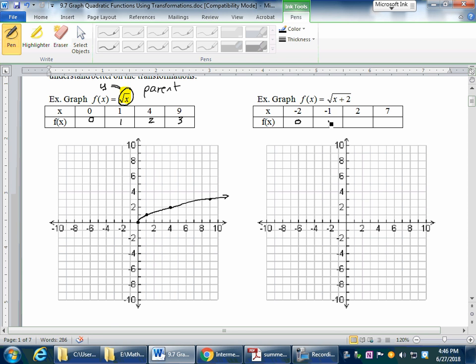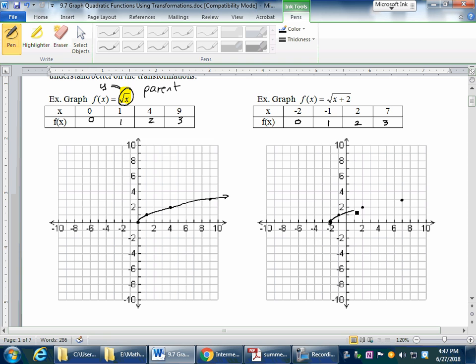2 plus 2 is 4, square root of 4 is 2, and 7 plus 2 is 9, square root of 9 is 3. So my points in this case become: at negative 2 will be 0, at negative 1 will be 1, at 2 will be 2, and at 7 will be 3.